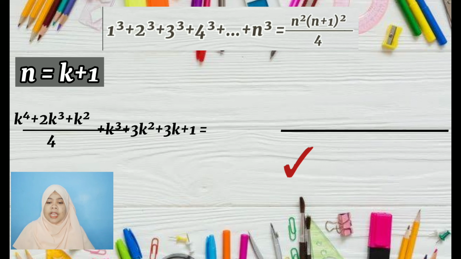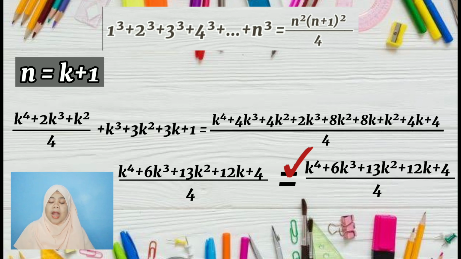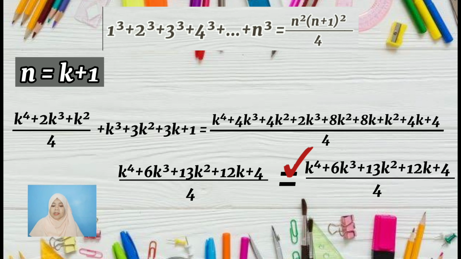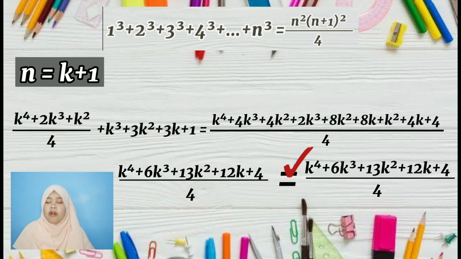The equation will be k to the power of 4 plus 2k cubed plus k squared all over 4, plus k cubed plus 3k squared plus 3k plus 1 is equal to k to the power of 4 plus 4k cubed plus 4k squared plus 2k cubed plus 8k squared plus 8k plus k squared plus 4k plus 4 all over 4. Combining terms on the left, we get k to the power of 4 plus 6k cubed plus 13k squared plus 12k plus 4 all over 4.